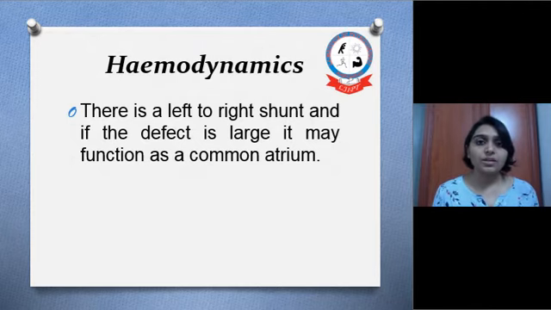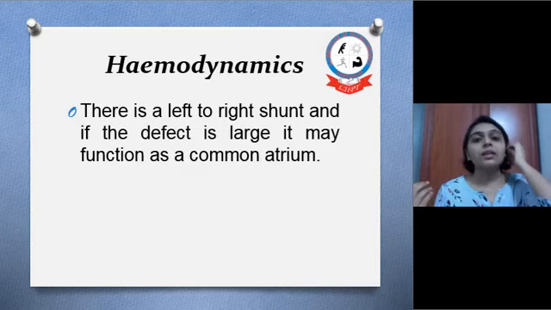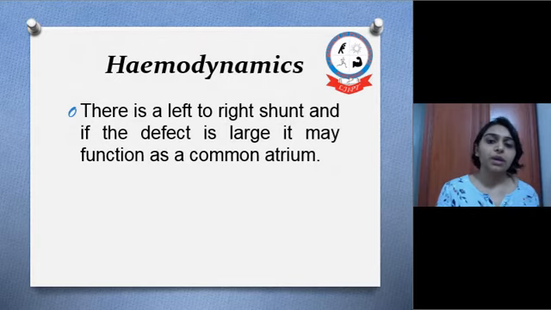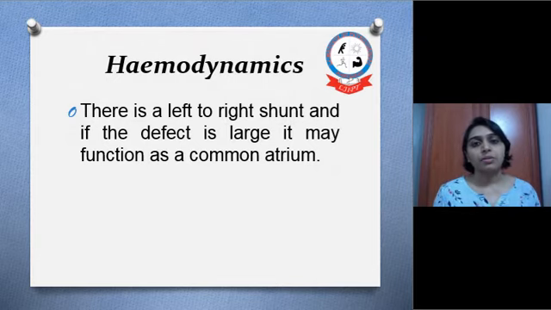There may be chances of reversal of the shunt at that time, that is from right to left side, and those cases may show signs of cyanosis because deoxygenated blood gets into the oxygenated blood mixture. So this is the hemodynamics of ASD.